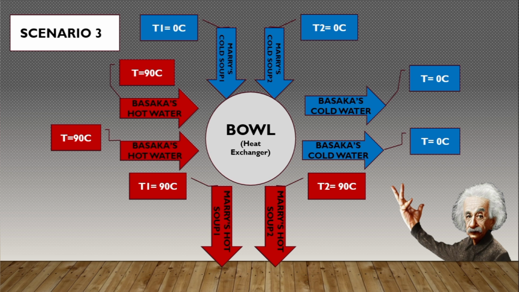The two of them were able to attain 90 for the both of them. But in our second scenario, due to Basaka having less amount of hot water compared to Mary's two frozen bowls, he didn't have enough energy to transfer to make Mary's two bowls of frozen soup hit that temperature of 90 Celsius. They were only able to get themselves to a temperature of 35 Celsius each.